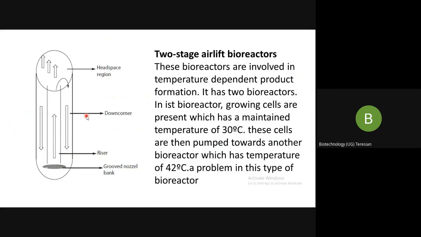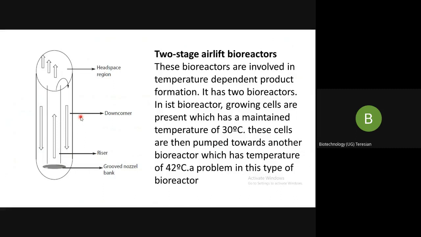So obviously the liquid circulation is driven by the gas holdup difference between the riser and the downcomer. The circulation is enhanced when there is little or no gas in the downcomer. Hope this is clear.